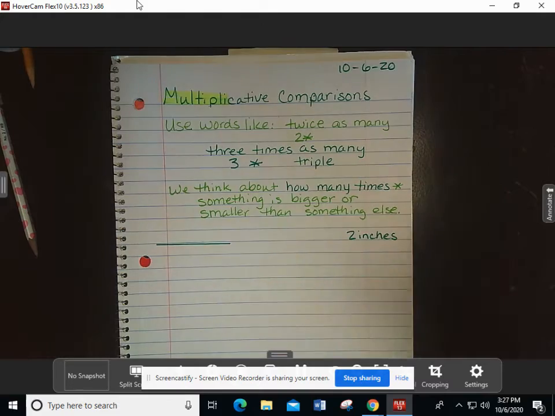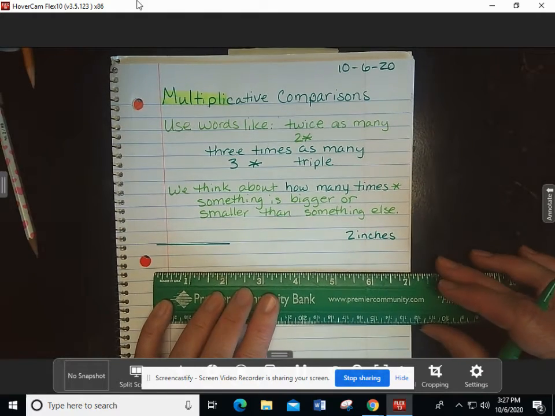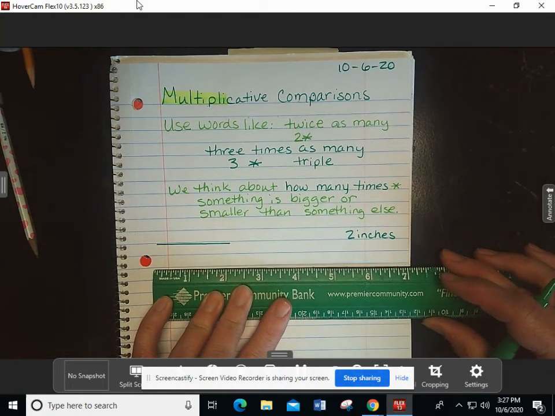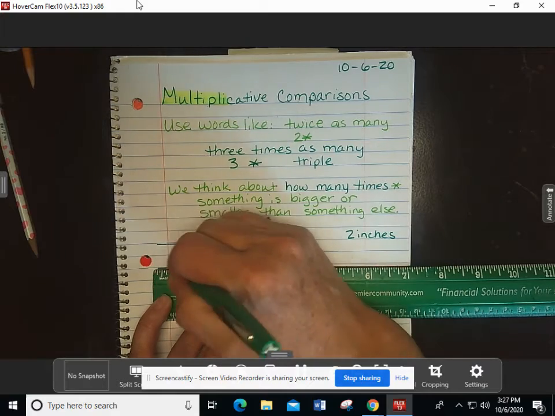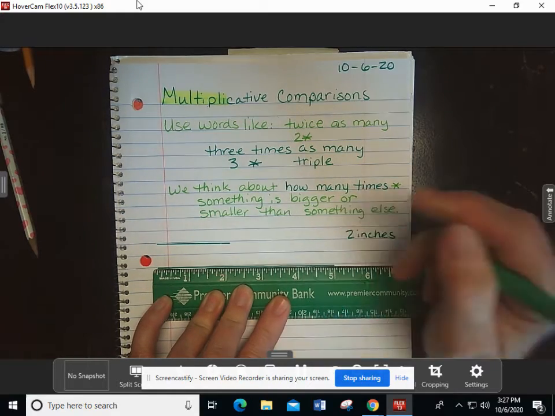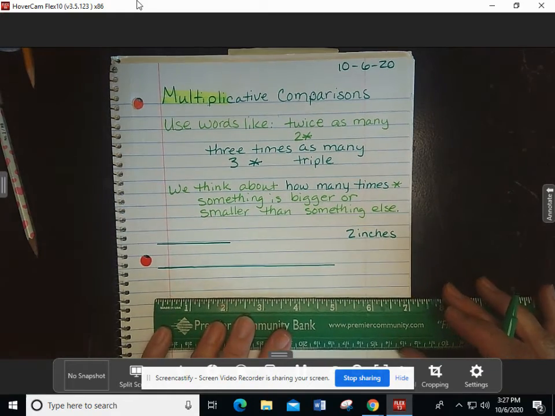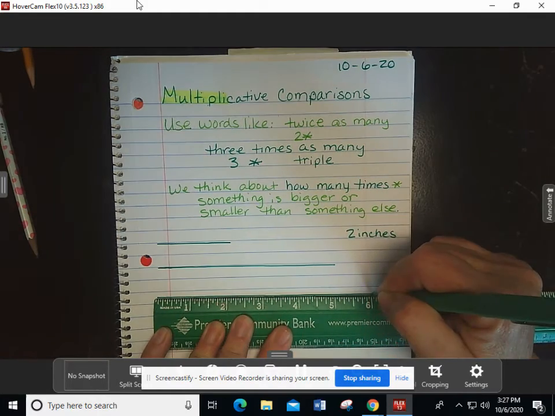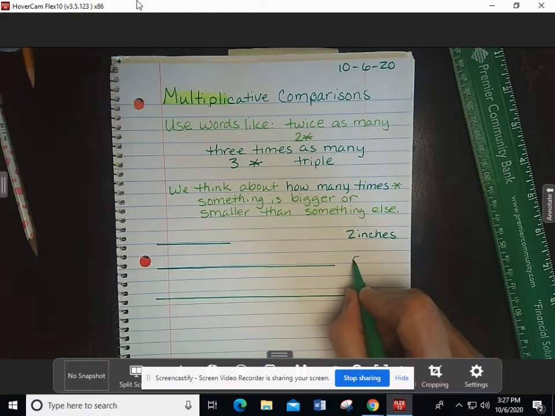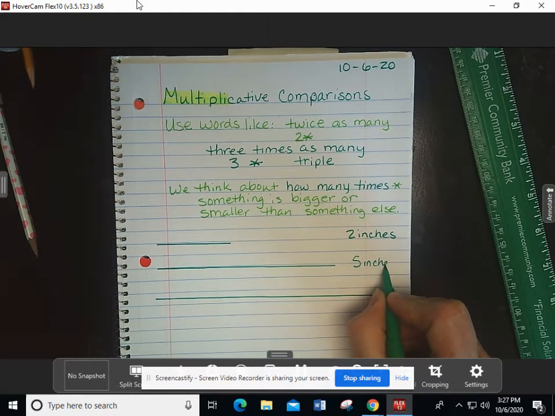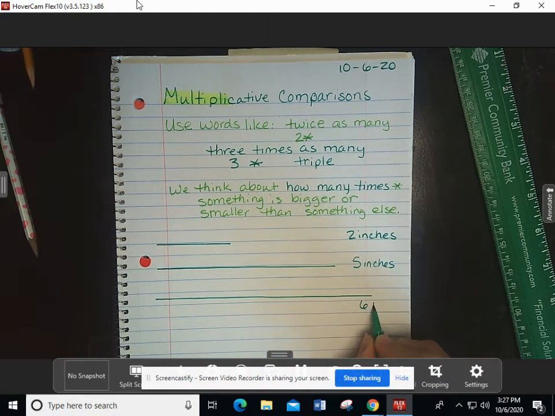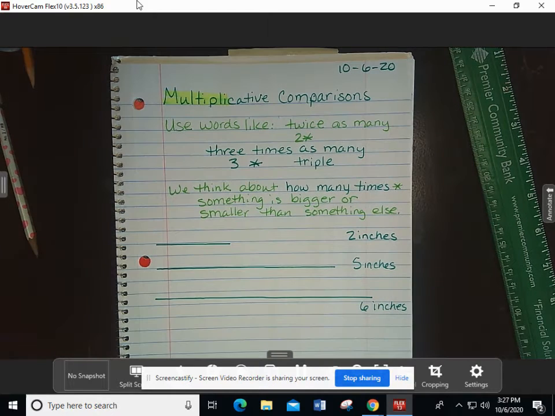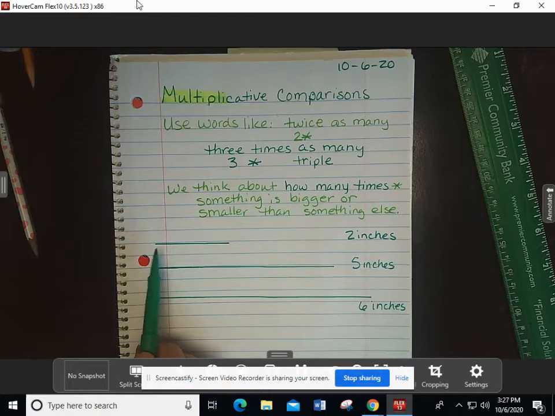Now that you're back, I'm going to draw 2 different lines, and I want you to decide which one of these means that it is exactly 3 times longer. This one is 5 inches. This one is 6 inches. Now remember what I asked you. We drew our 2-inch line.